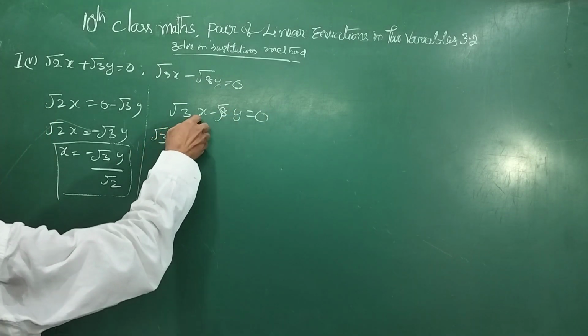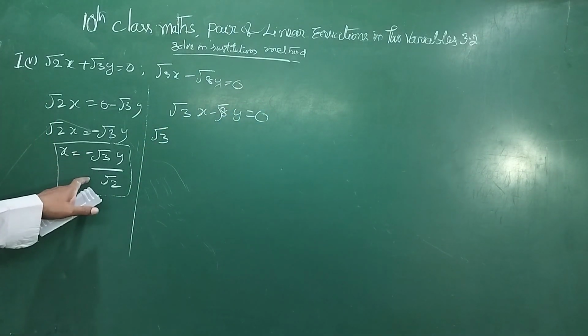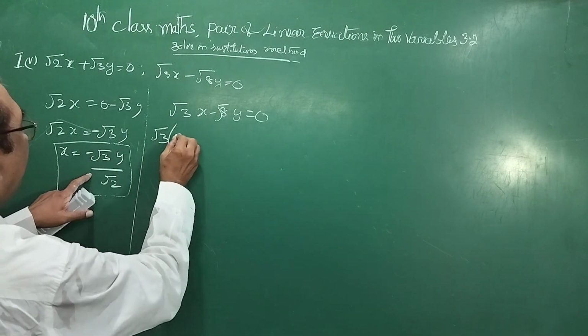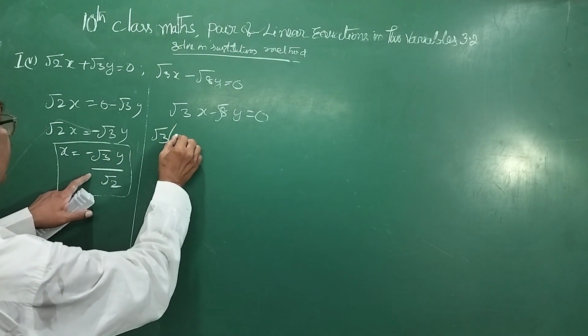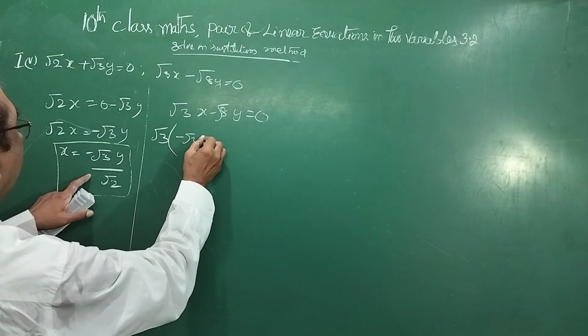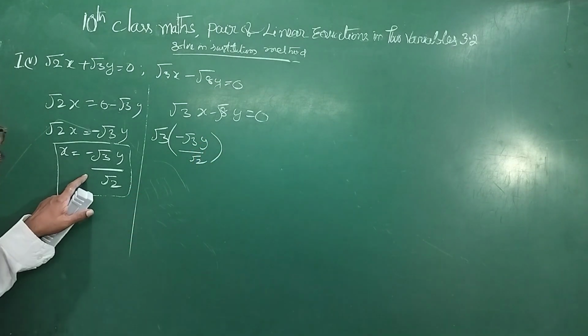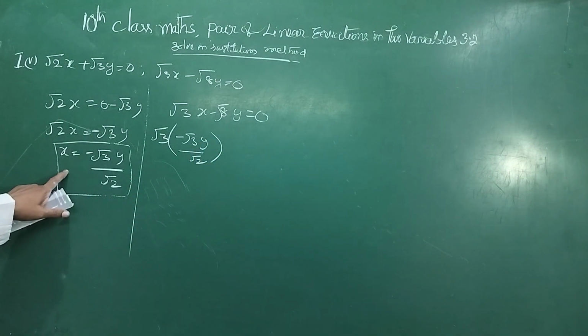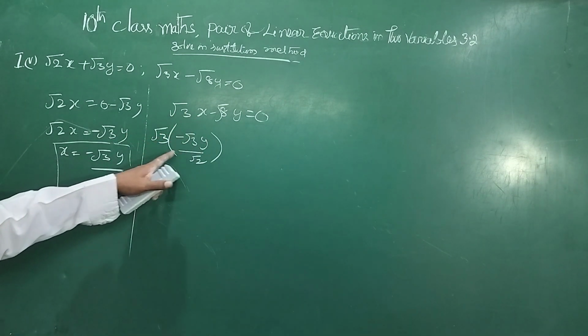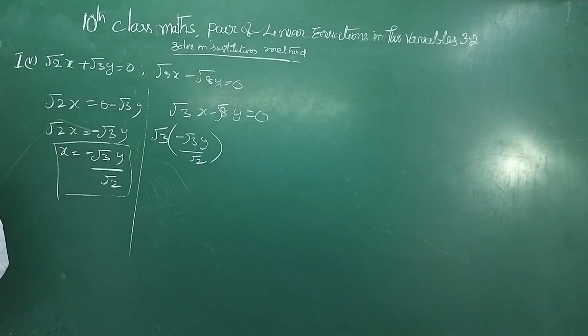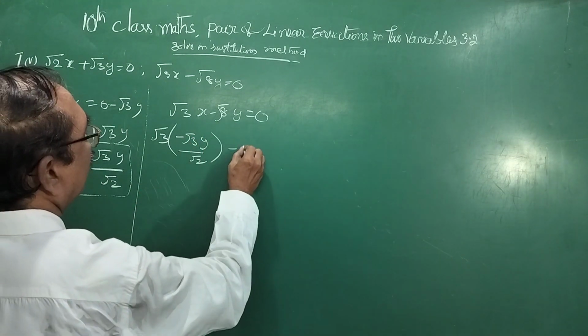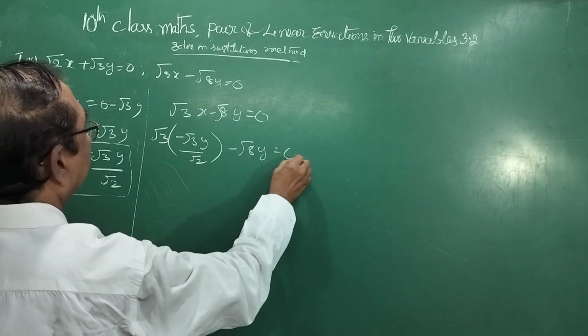In the place of x, let us substitute this, that means minus root 3y by root 2. We simply wrote this value in the place of x, that's all. There is no difficulty.